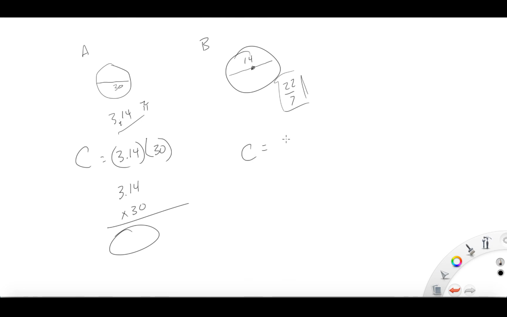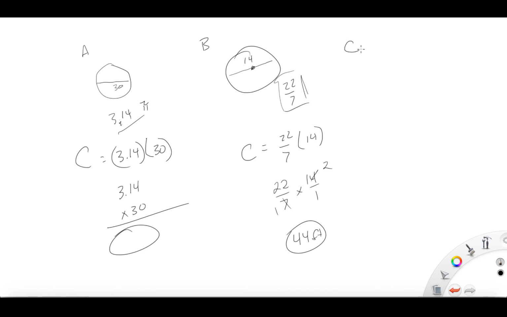Circumference equals 22/7 times 14. What that really looks like is this: 22/7 times 14/1. And then you can cancel off and make this 1 and make this 2. And then 22 times 2 is 44. So we can come up with our answer pretty easily.